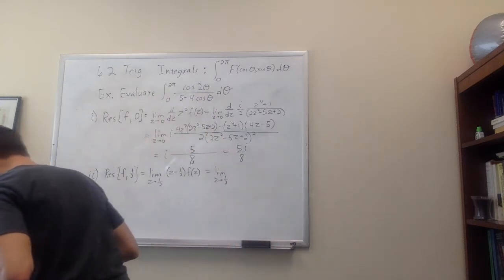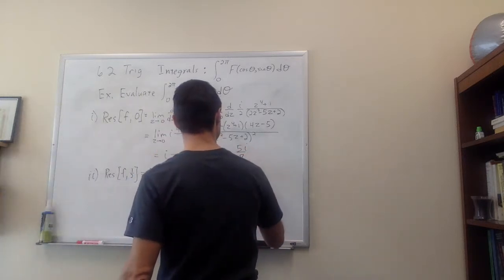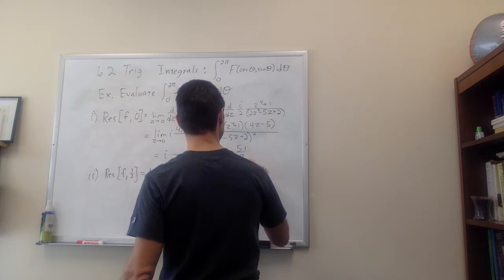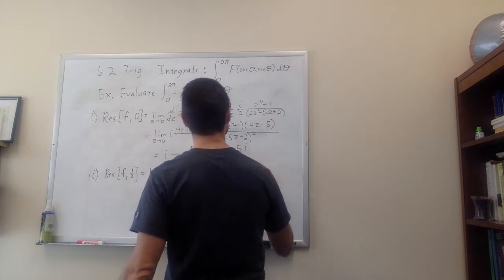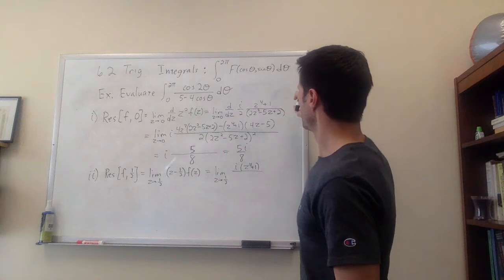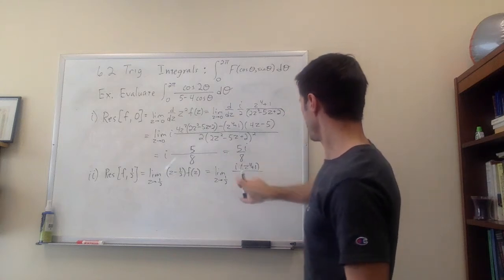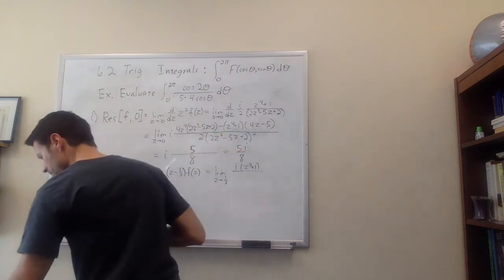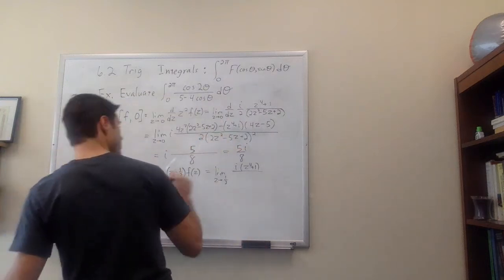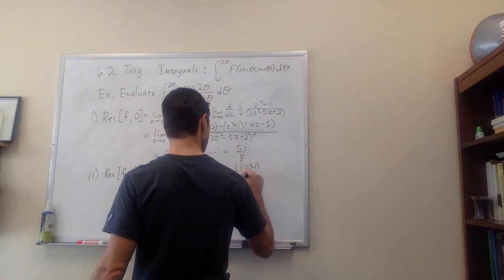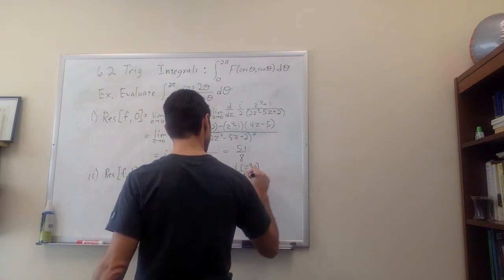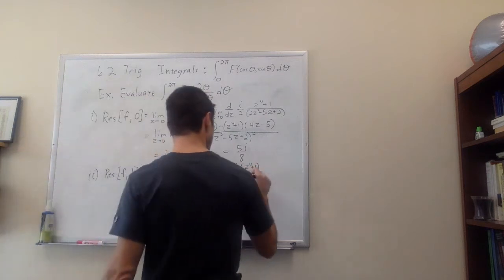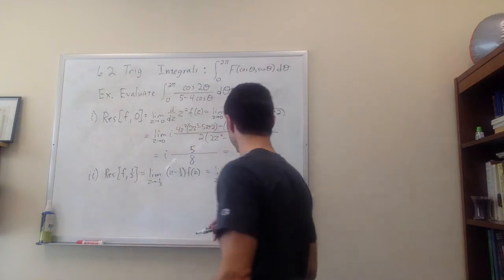After canceling out, we're going to have i times (z to the fourth plus 1) in the numerator, and in the denominator we have 4z squared times (z minus 2).